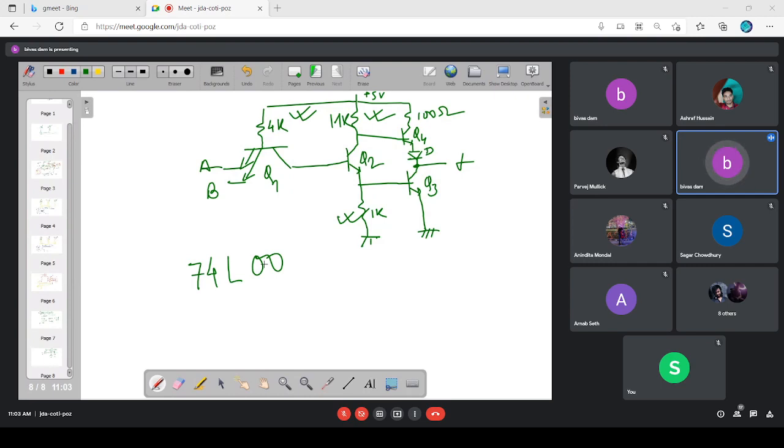But this 74L00 will have a compromised propagation delay, because the propagation delay will be much higher as compared to the standard 7400. But the advantage of a 74L00 is that the power dissipation will be less.